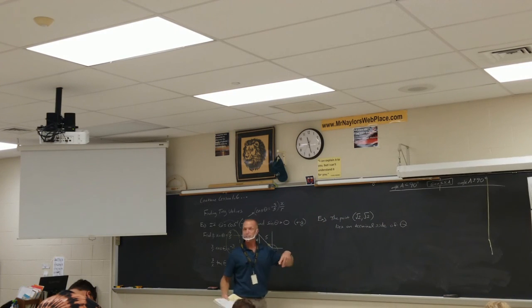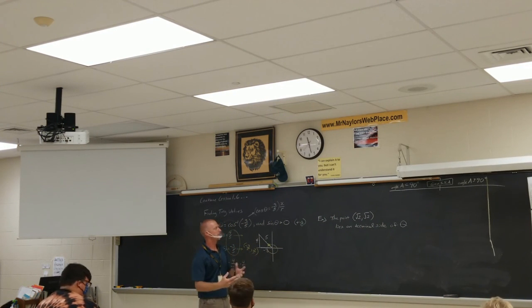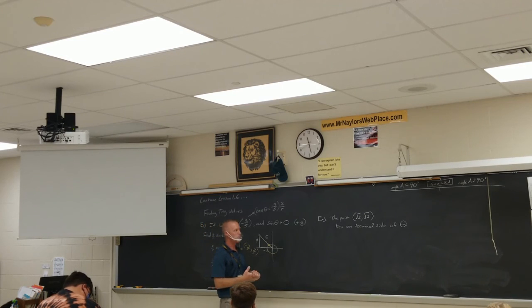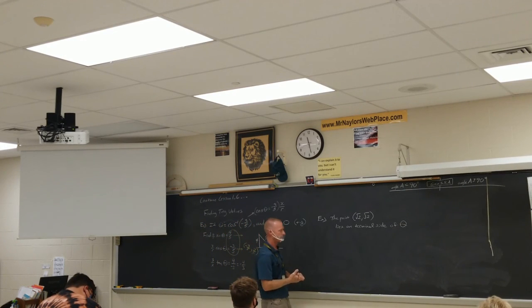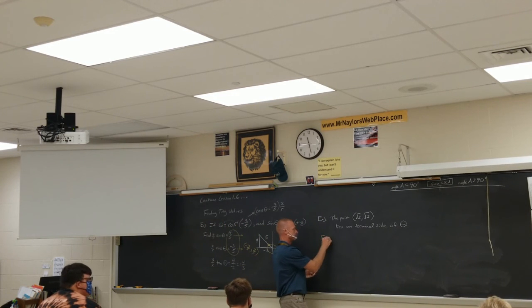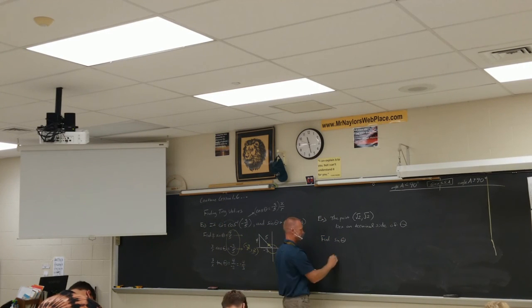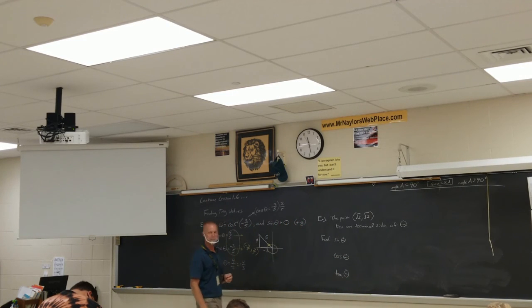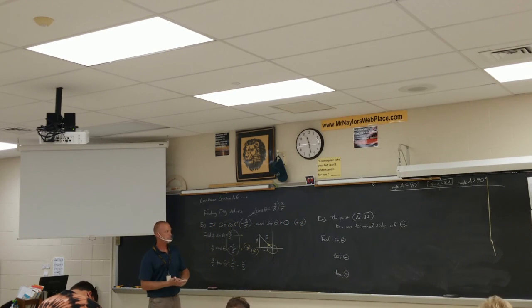We've got a point. So now the problem is giving you a point. And we've got this thing about theta again. But we kind of have the same directions. We have the same thing that we're trying to find.